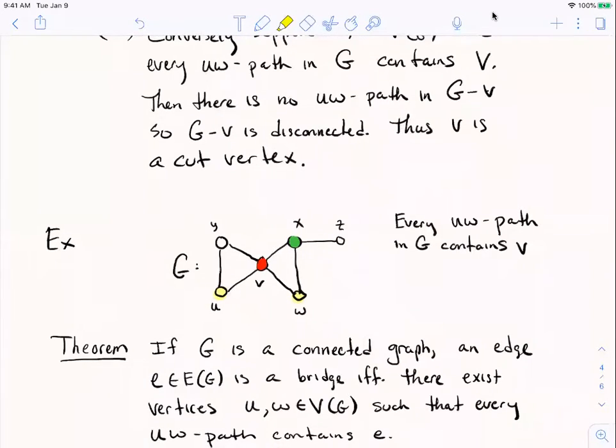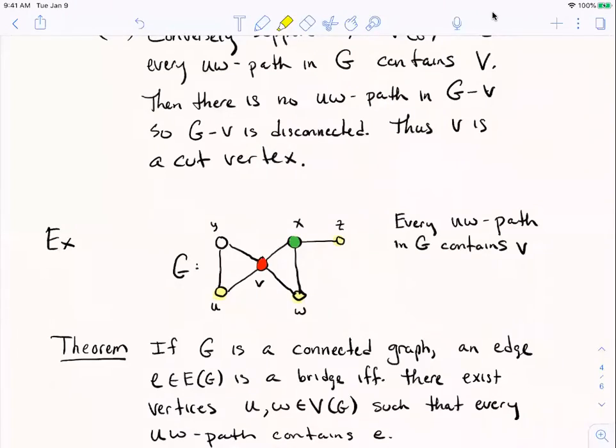If you switch your notion, look at the cut vertex X. Well, U and V are not the pair anymore because there's a UV path that doesn't go through X. But you could take Z and any other vertex in the graph, and every path from Z to any other vertex has to go through X.